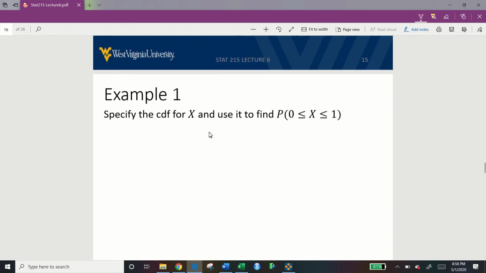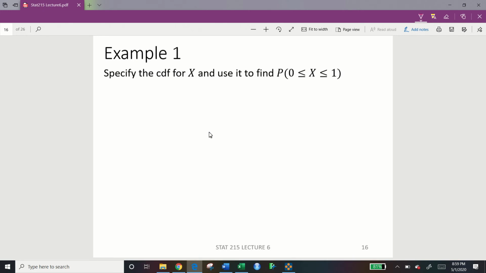Excellent. Let's move on. Now we would like to specify the CDF for x and use it to find the probability of 0 less than or equal to x less than or equal to 1. Okay, no problem. So start off with capital F of x and large curly brackets.